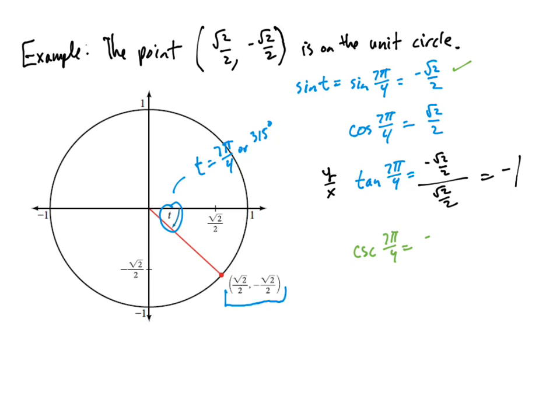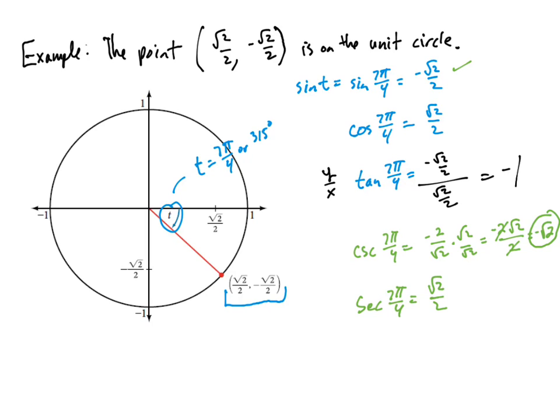And then cosecant of 7 pi over 4, this is the reciprocal of sine. So this is going to be negative 2 over square root of 2. To rationalize, we get negative 2 root 2 over 2. 2's cancel, we just get negative square root of 2. Secant of 7 pi over 4 is going to be root 2 over 2.